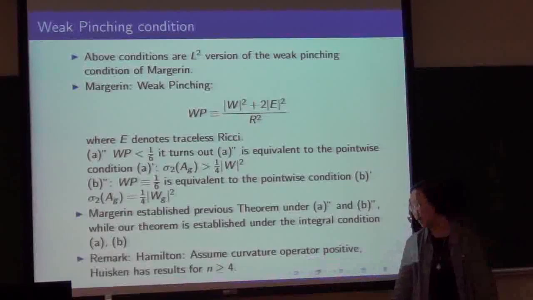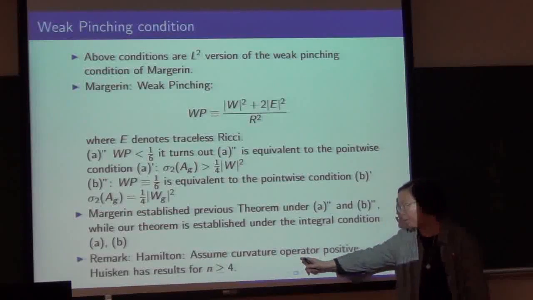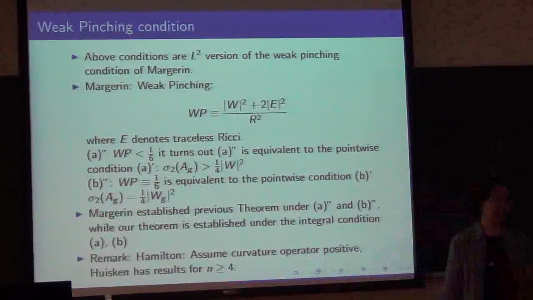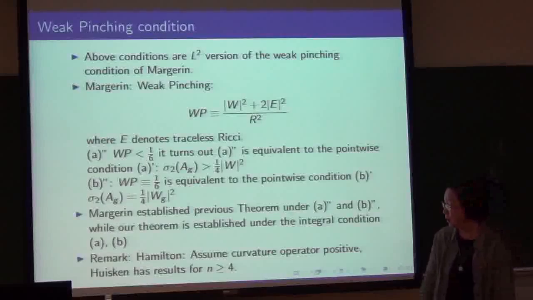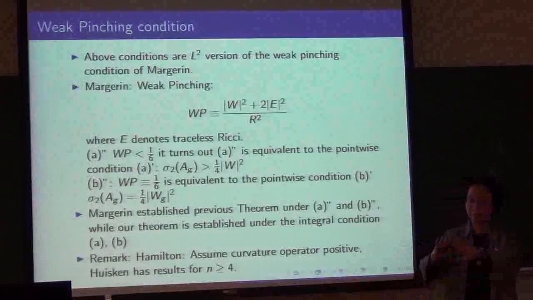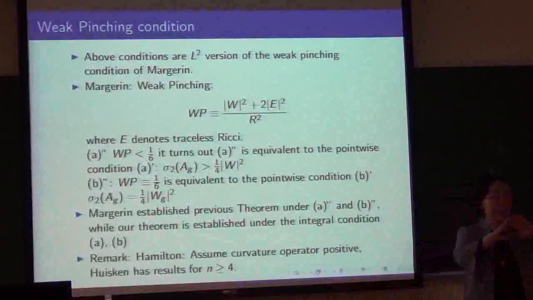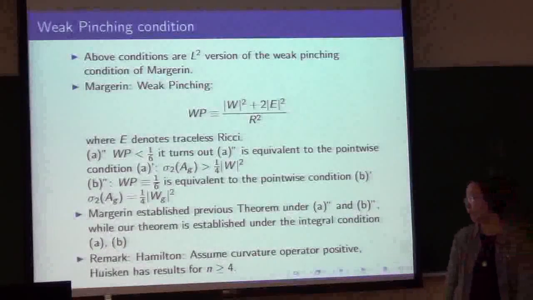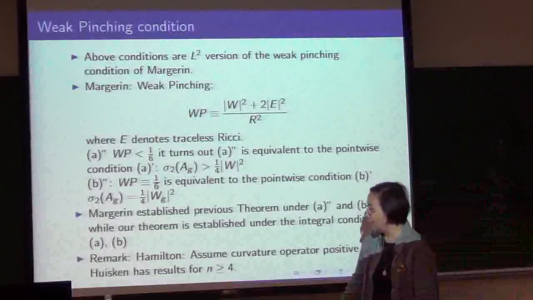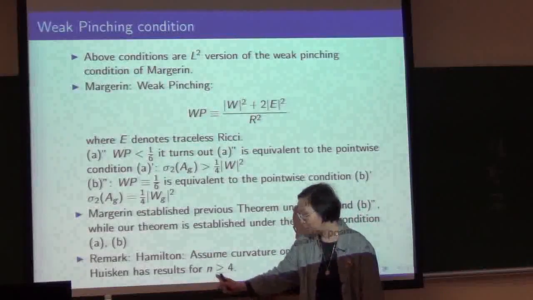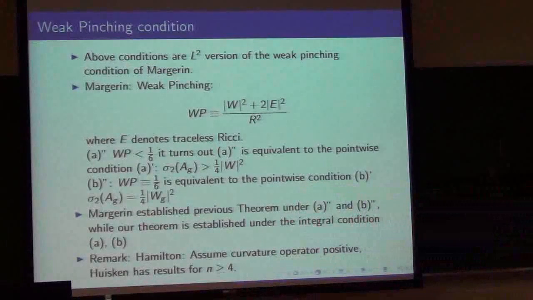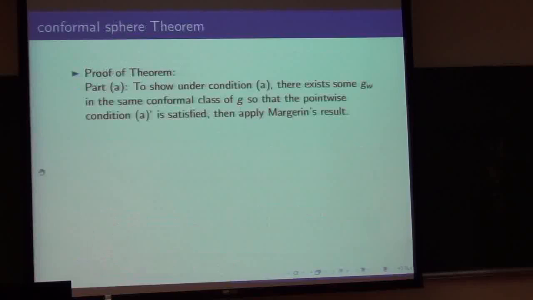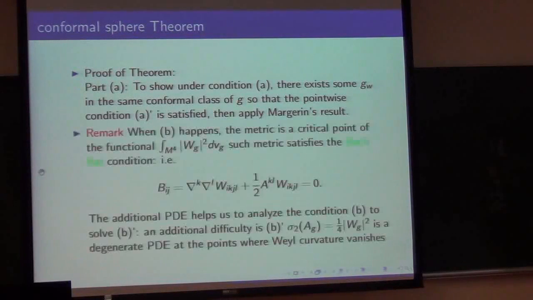Hamilton's result assumes the curvature operator is positive. Here we assume an L2 curvature condition, and these two conditions overlap and do not match. There is also a partial result for n bigger than or equal to 4, shown by Bishop.